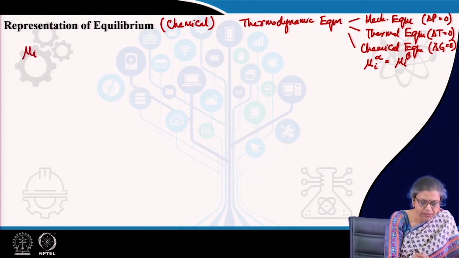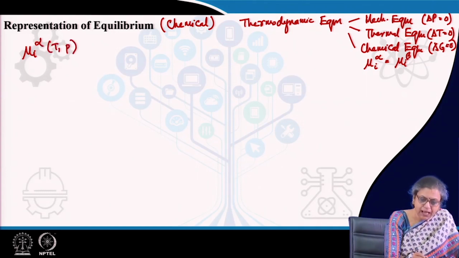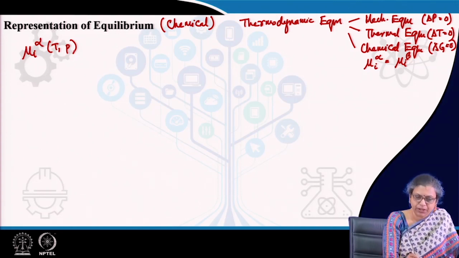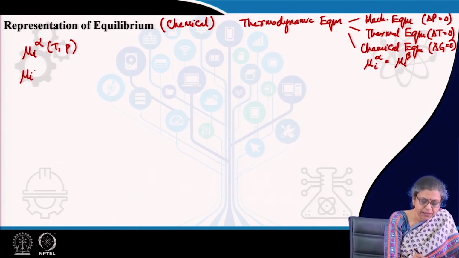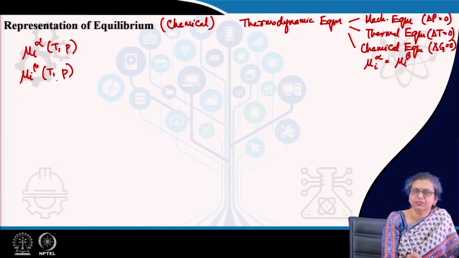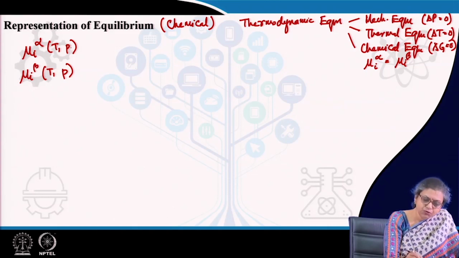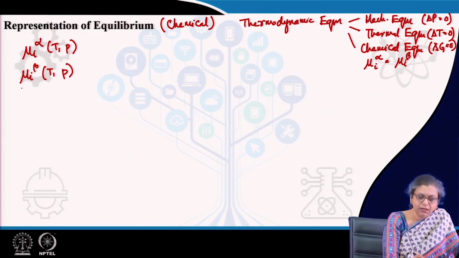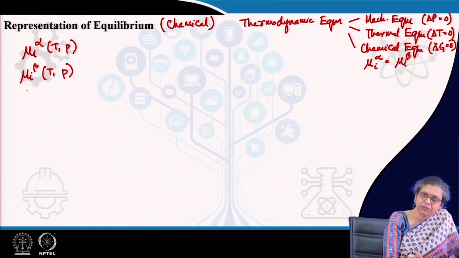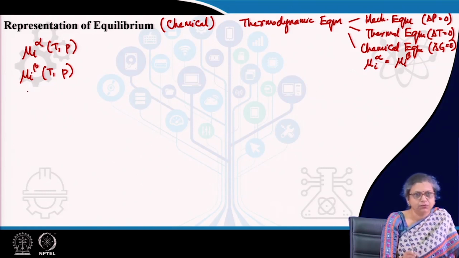In other words, if there is a way of expressing mu I in the alpha phase in terms of temperature and pressure, and a way of expressing mu of the same component I in the beta phase as a function of temperature and pressure, then using those relationships we can find mu I alpha and mu I beta. If mu I alpha is greater than mu I beta, I moves from alpha to beta phase. If mu I alpha is less than mu I beta, then I moves from the beta to the alpha phase.